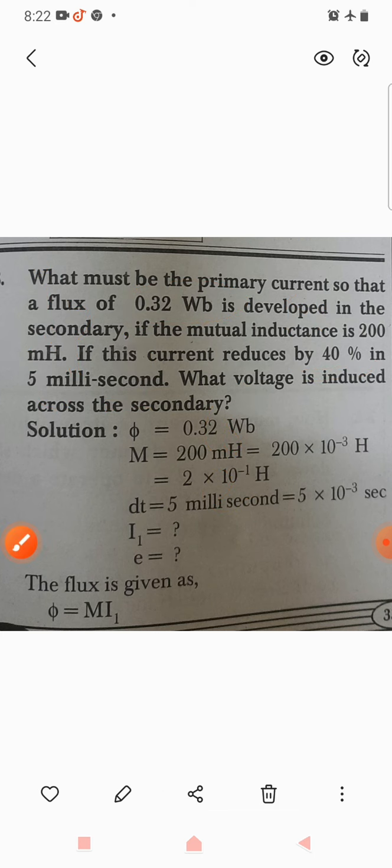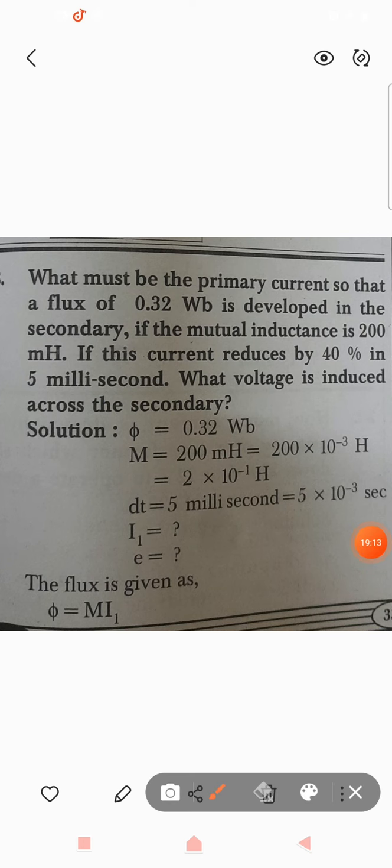So friends, first we'll write down the given information. The question says phi, magnetic flux, is 0.32 weber. Mutual inductance is 200 millihenry. Millihenry is converted in terms of henry by multiplying with 10 raised to minus 3.